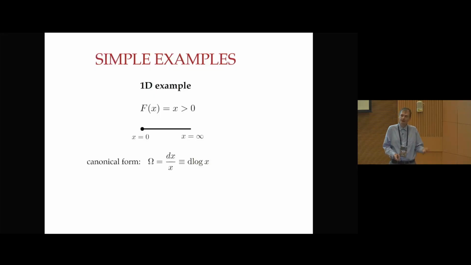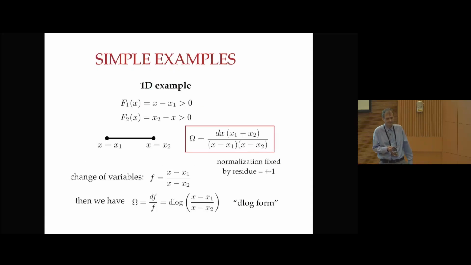There are two boundaries, x is 0 and x is infinity. So dx over x has two poles at 0 and infinity. So this is the correct differential form for this positive geometry. And for later notation, once we see dx over x, we call it d log x. In general, there will be some more complicated arguments of these d log forms.